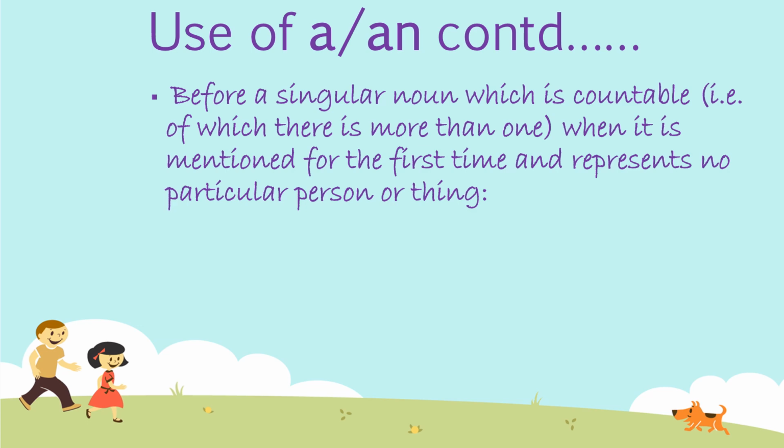See, if we are talking about a single countable noun for the first time, then we will use a or an. But if we are just talking about it for the second time, or referring to it later on, then we will use the.